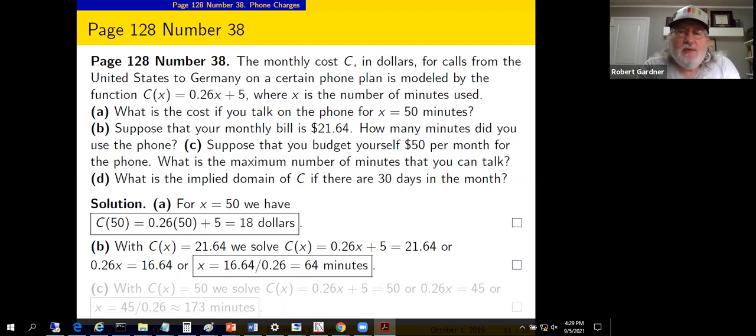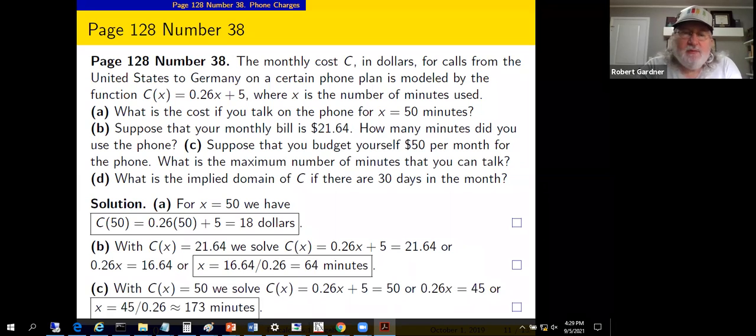Part C. Suppose you budget yourself $50 per month. What's the maximum number of minutes you can talk? All right, same idea. As we did in part B, that's taking the cost function and setting it equal to $50. 0.26x plus 5 equals 50.